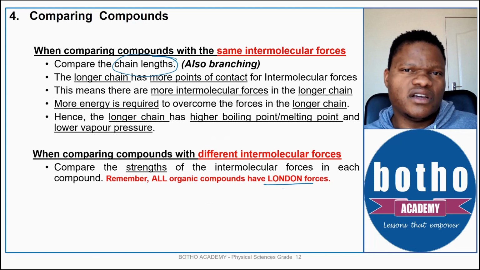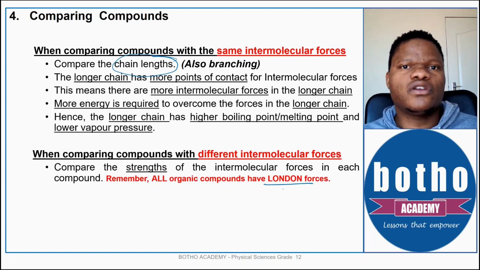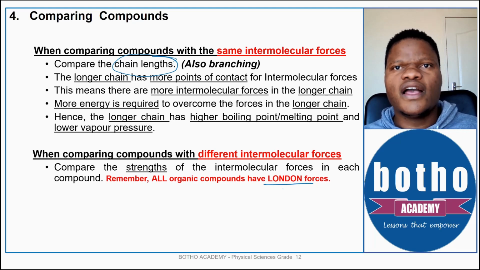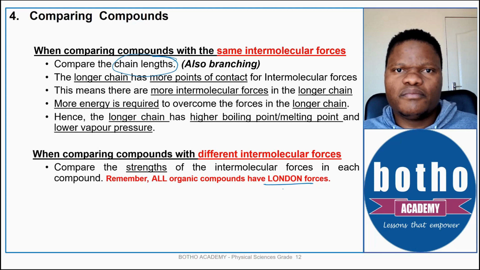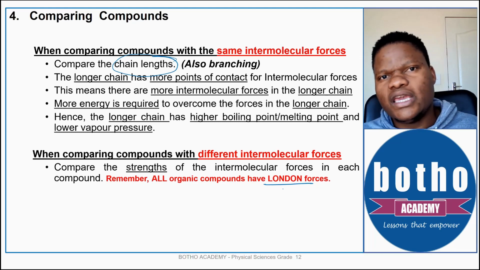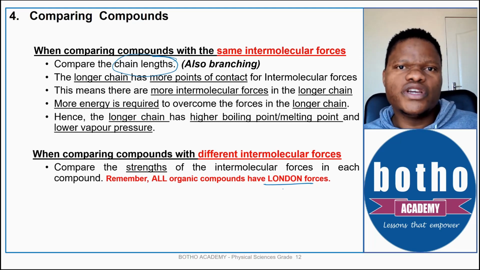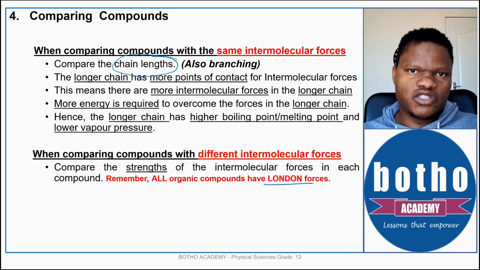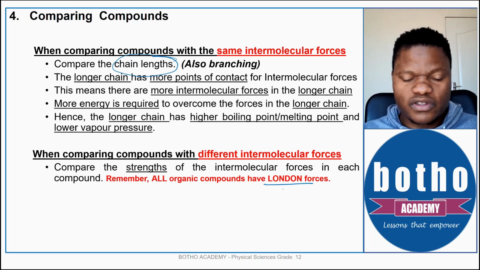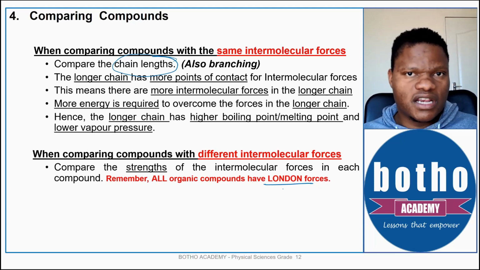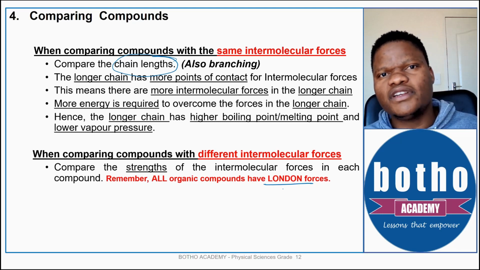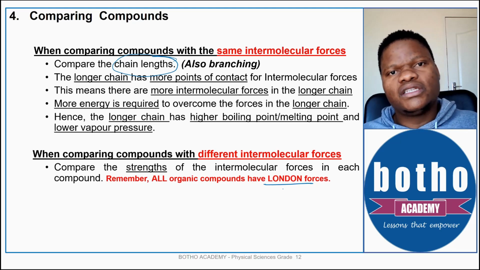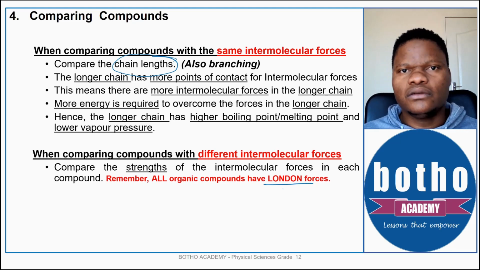When you write this down, it happens a lot that you get these 4-mark questions where they ask you to explain why the boiling point of molecule B differs from the boiling point of molecule A or C. You indicate the similarities between them and the differences between them. Let's say we are dealing with an alcohol and an alkane.